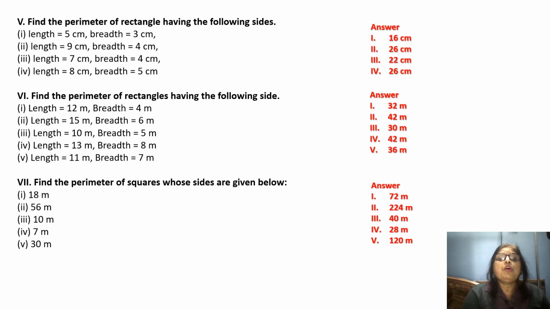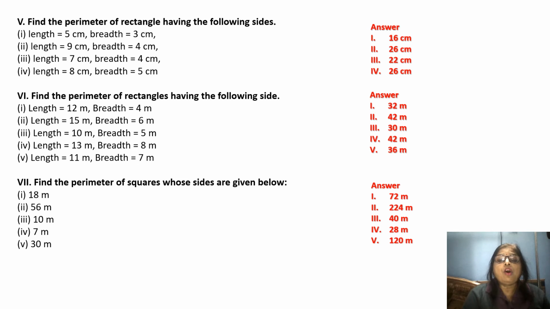You know the perimeter of a rectangle is equal to 2L plus 2B. 2L means 2 into 5 centimeter, that is equal to 10 centimeter, plus 2 into 3 centimeter, that is equal to 6 centimeter, and your final answer is 16 centimeter.